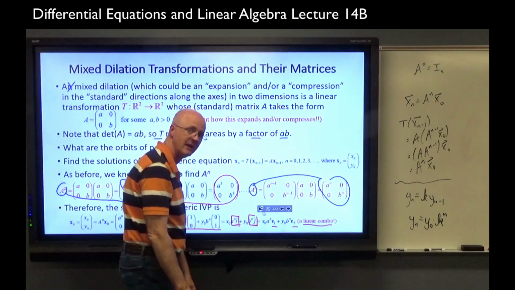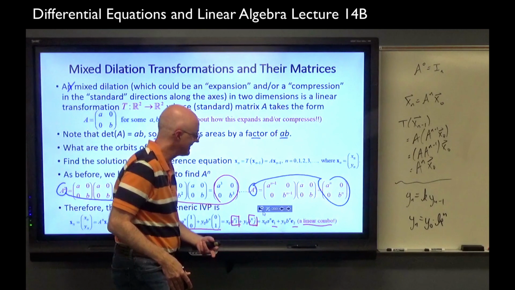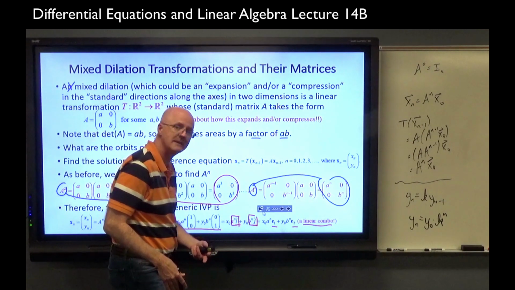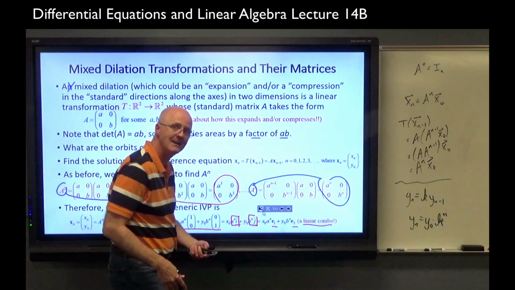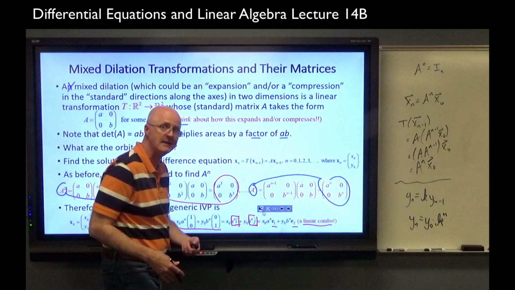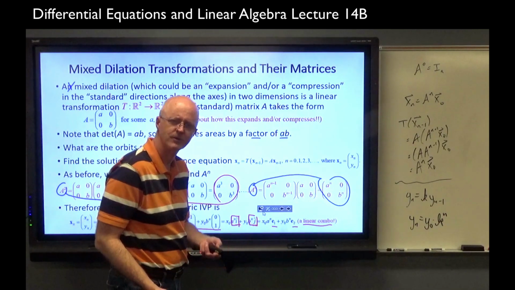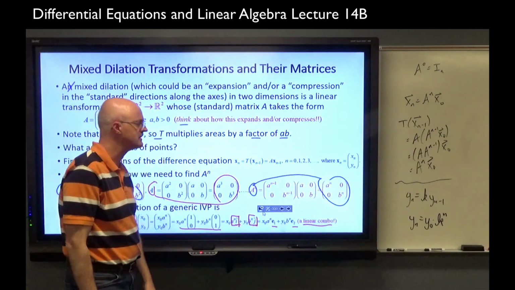And those would be vector valued functions, not of t as it was in lecture A, but of n here in lecture B. The solution space will be the span of those two functions of n. And those are going to be linearly independent functions. The solution space is going to be some sort of two-dimensional space as an abstract vector space.